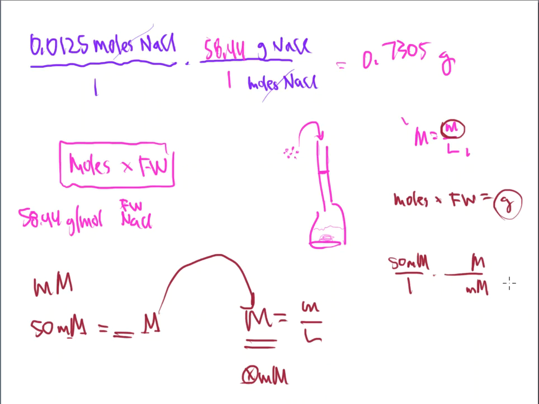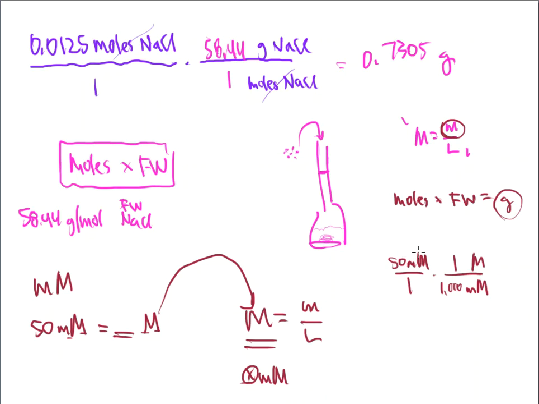So millimolarity, convert it to molarity. Milli means 1,000, right? That's my conversion unit that I need to remember. So there are 1,000 millimolarities in 1 molarity. Doesn't matter what the unit is. Milli always means 1,000. All right, so that's my proper unit.